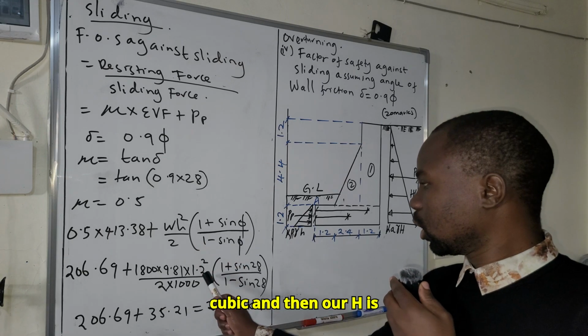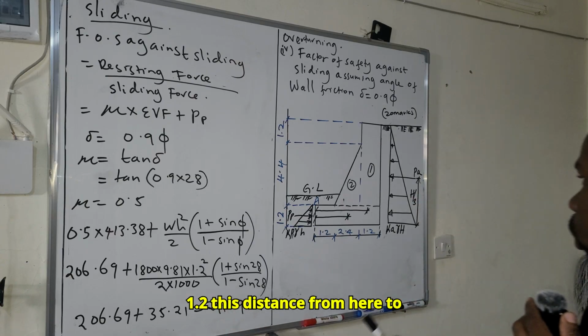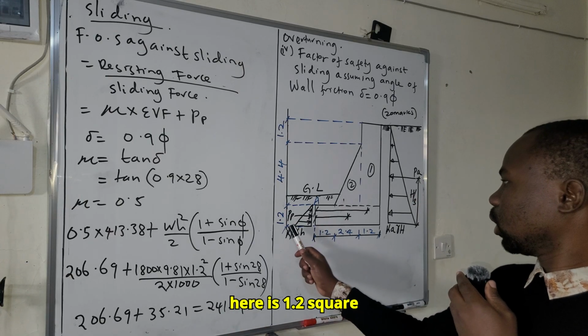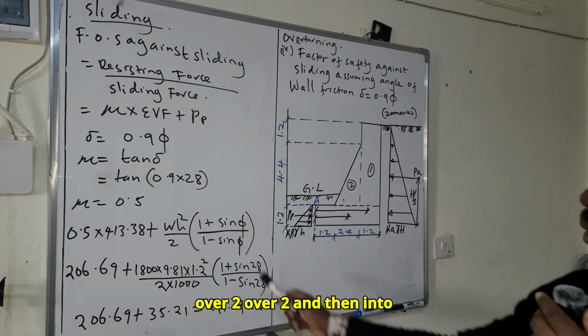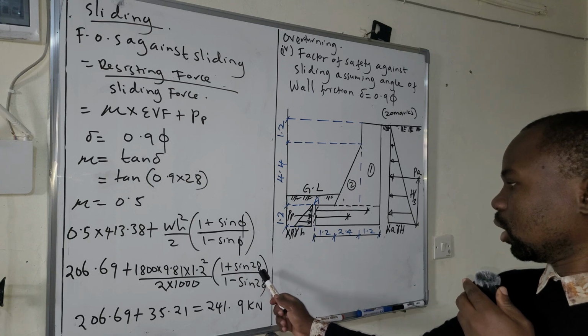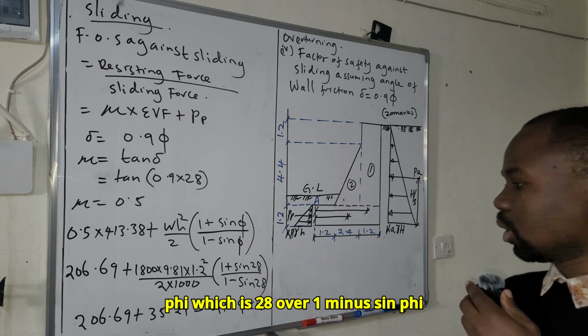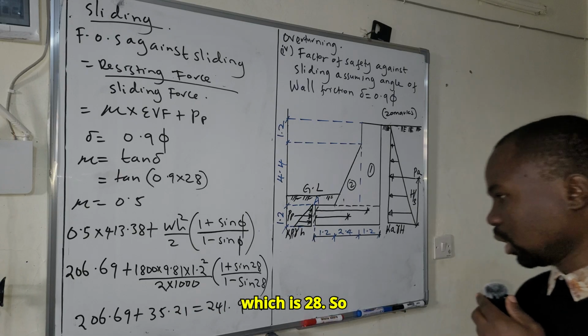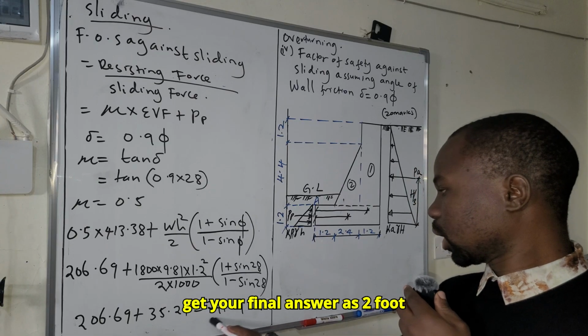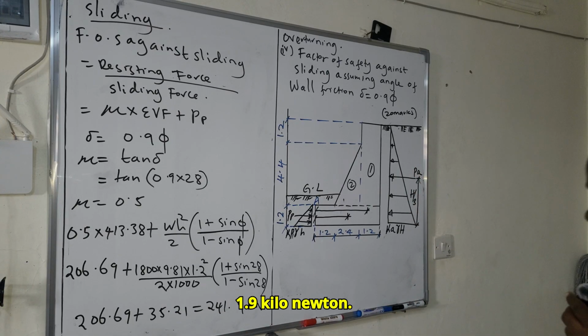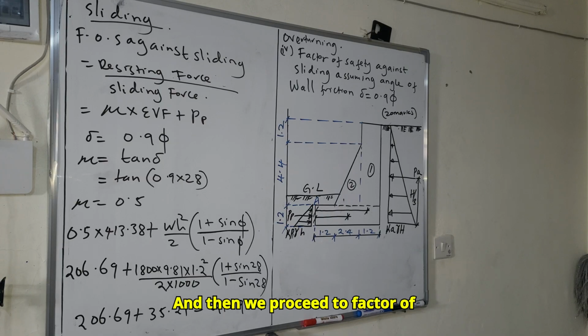And then our H is 1.2. This distance from here to here is 1.2 squared over 2. And then into bracket 1 plus sine phi, which is 28, over 1 minus sine phi, which is 28. So if you carry out the operation, you will get your final answer as 241.9 kilonewton.